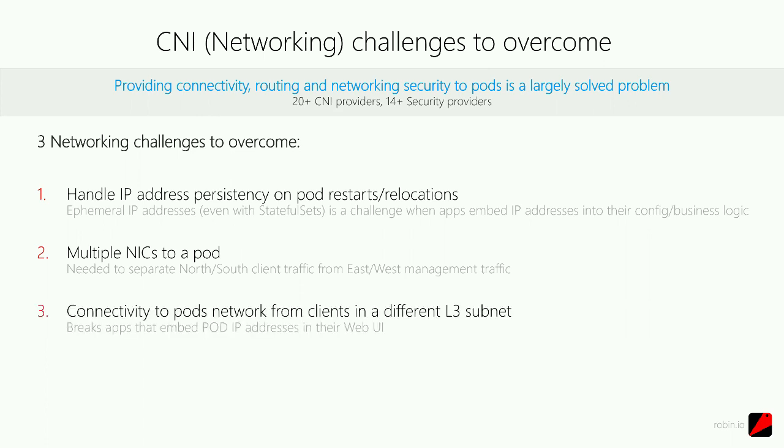And finally, one challenge that we found was around connectivity to a workload running on Kubernetes by clients that are completely outside the Kubernetes network. Traditionally, that's solved through port mapping or those kinds of primitives in Kubernetes, the ingress routes and whatnot.